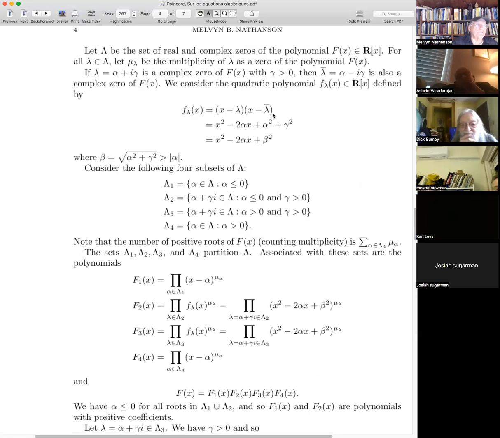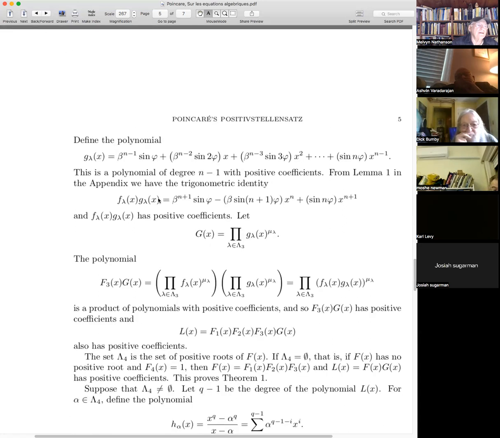So lambda is the complex root with alpha the real part, gamma the imaginary part, beta the absolute value. So this is f lambda. And this bizarre looking thing is g lambda. And there's a trig identity proved by Poincare that says f lambda times g lambda has a lot of cancellation when you multiply out those two polynomials, and you end up with just 3 terms.